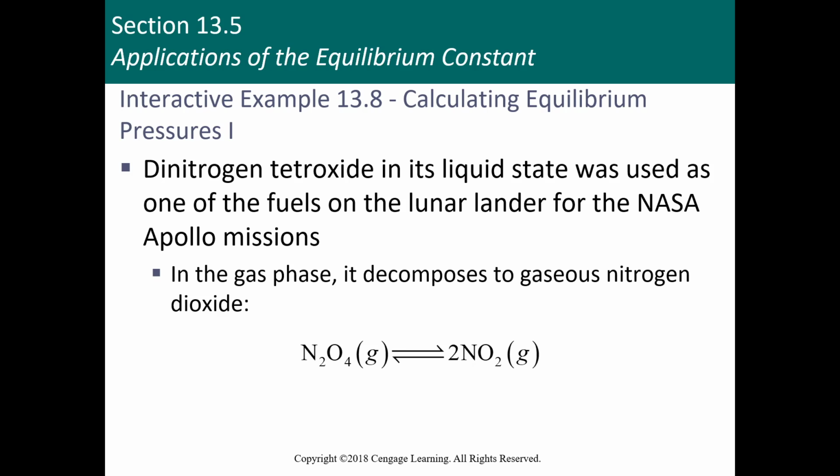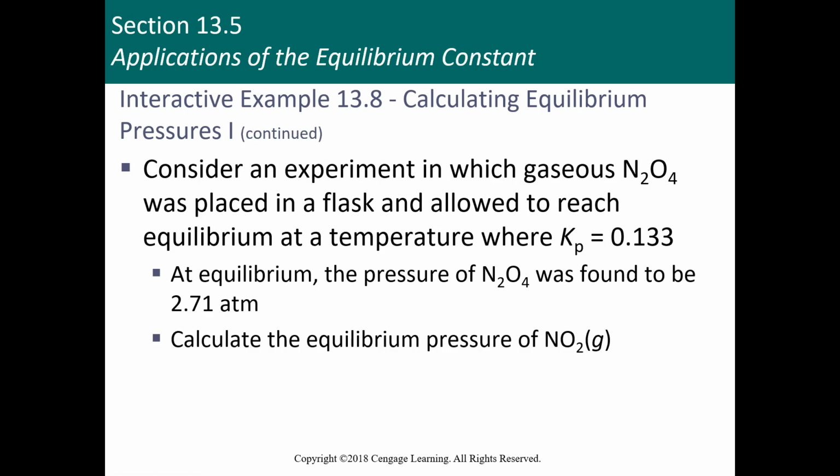So right here we have this reaction. Dinitrogen tetroxide was in the liquid state, used as one of the fuels on the lunar lander for the NASA Apollo missions. In the gas phase, it decomposes to gaseous nitrogen dioxide, like so. And so we have this equilibrium here.